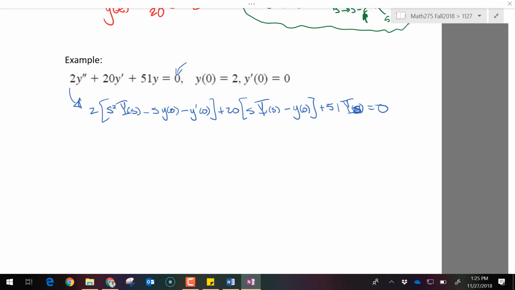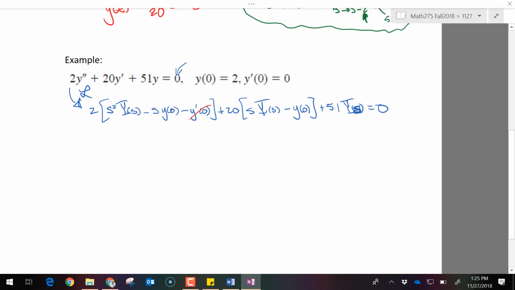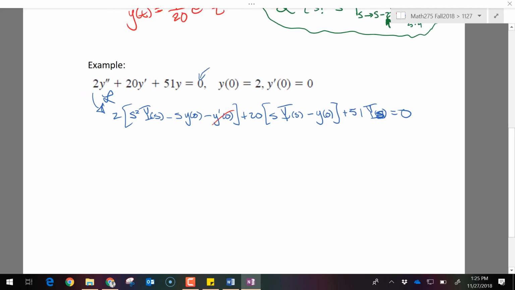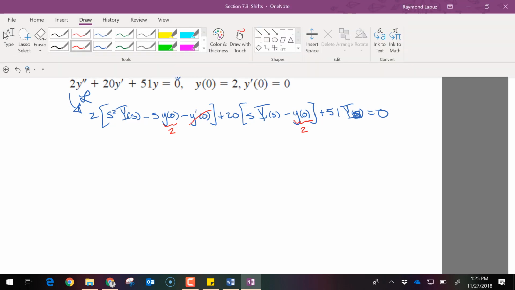All right, we are in the Laplace world now. So before we do the algebra, let's knock off some of these, or one of them. So this is a 2. This is a 2. Oh boy. It's only algebra.